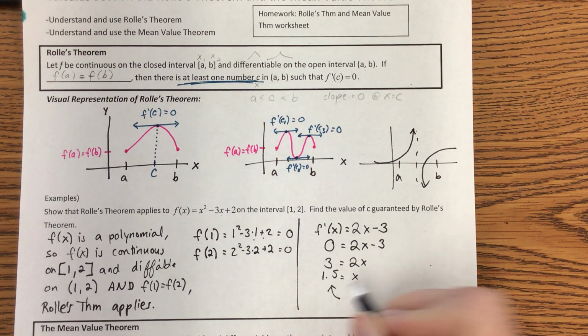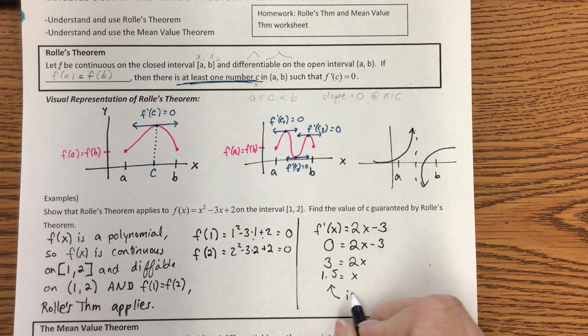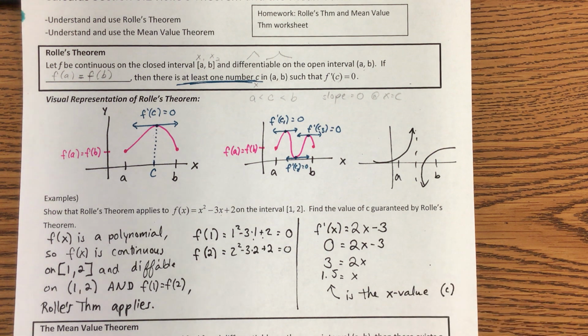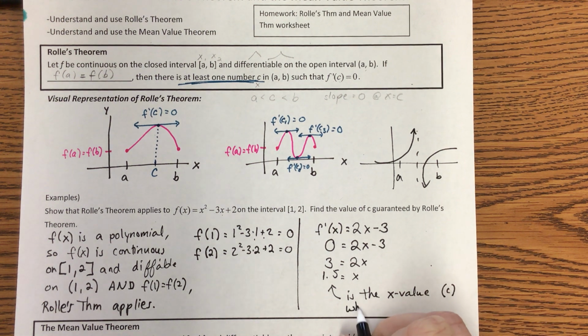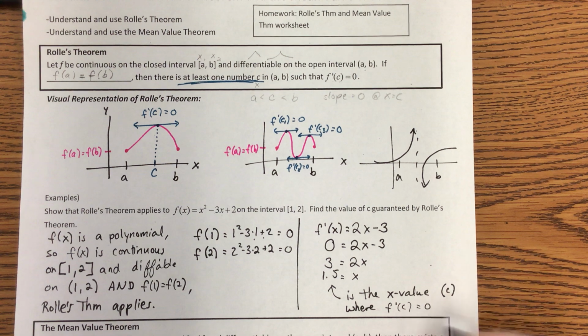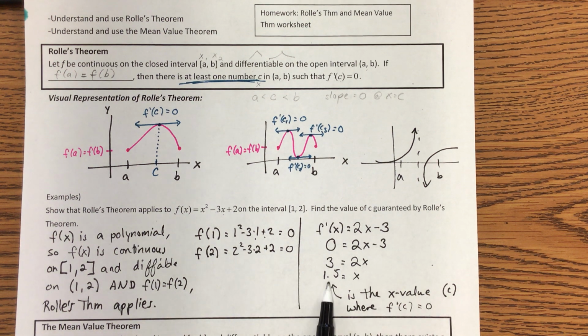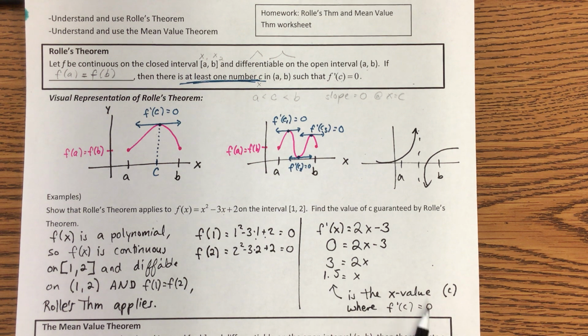So 1.5 is the x value, which is also called c, where f prime of c equals 0, right? F prime of 1.5 equals 0. So we have proven that that value has to exist, and now we have shown what that x value is. What is the value of c?